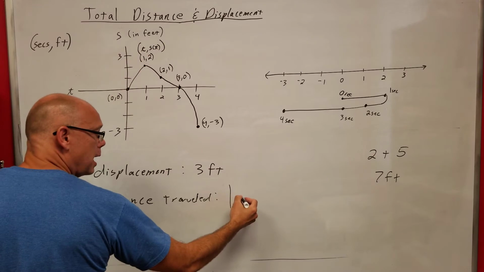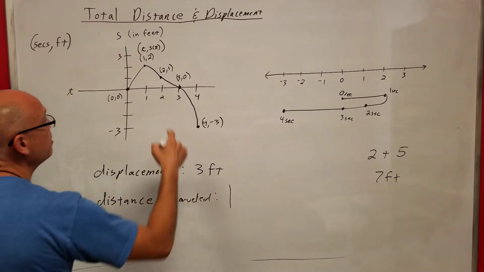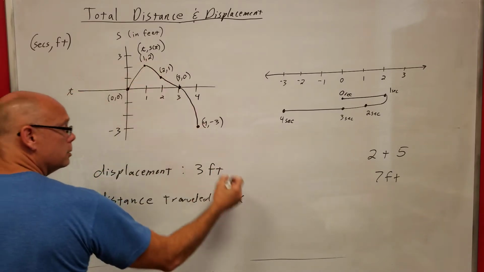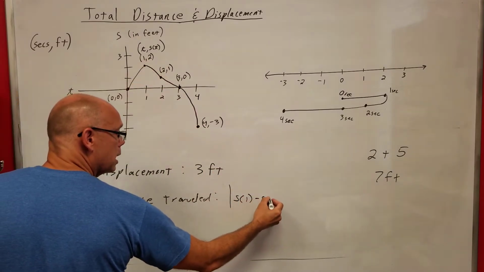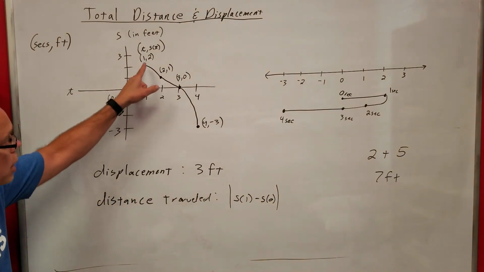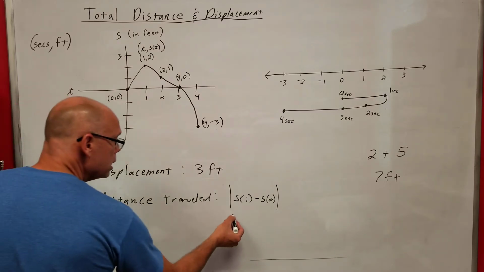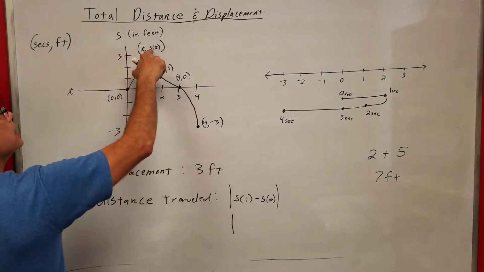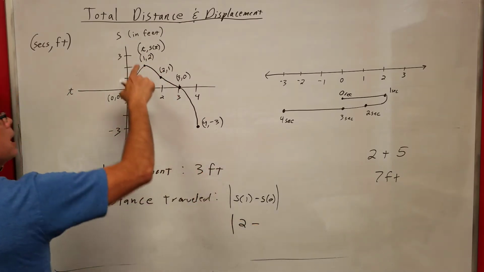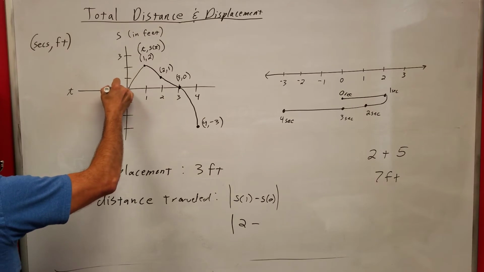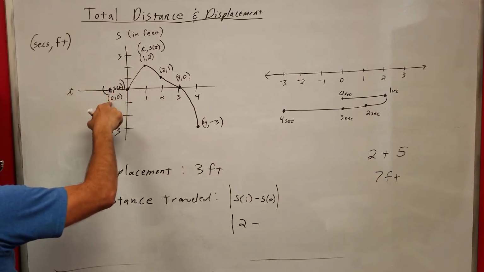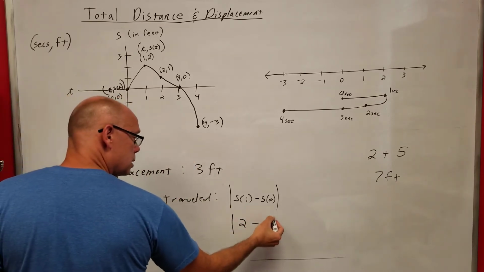So what we say is the total distance traveled will be the absolute value of s at 1 minus s at 0. That'll give me that total distance traveled right here. And think about it. What is s of 1? s at an input of 1 gives me 2, minus s at 0. Remember, this is t, s of t. So s at 0 gives me 0. So 2 minus 0.